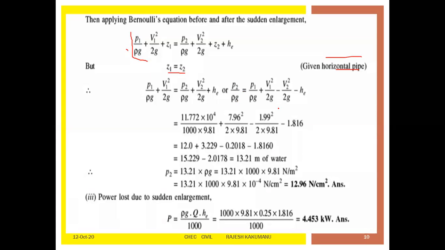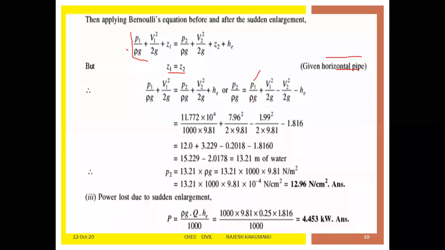P2 by rho g is equal to this. So first substitute the values. P1 value, 1000 into 9.81. Why? Because it is water. If nothing is given in the question about the liquid medium, just keep it as water by default. If oil is specifically mentioned, then you have to go with those numbers.